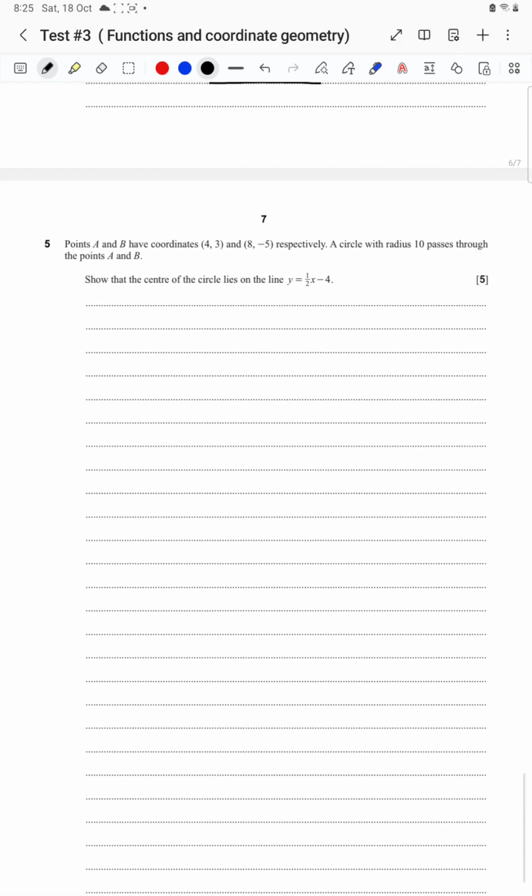Okay, the final question says points A and B have coordinates 4, 3 and 8, minus 5 respectively. A circle with radius 10 passes through the points A and B. It means if this is a circle, and A is 4 and 3, say A is here, and B is 8 and minus 5, suppose B is lying here.